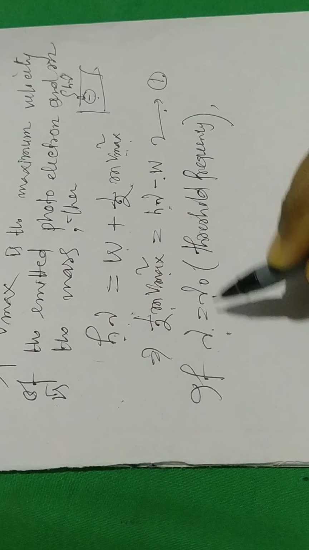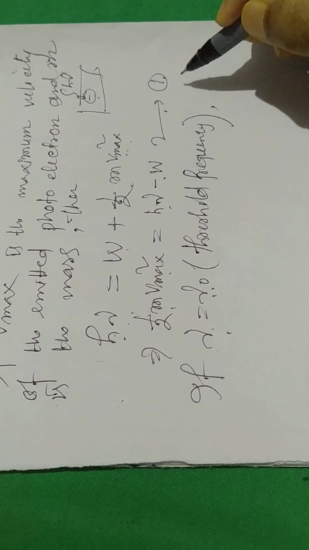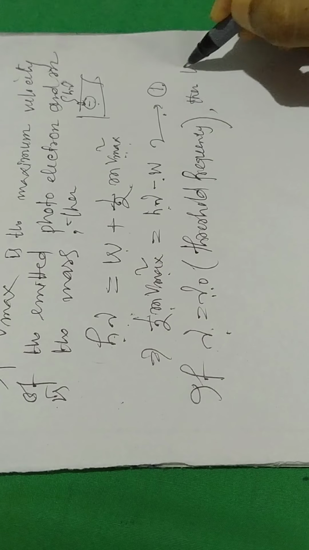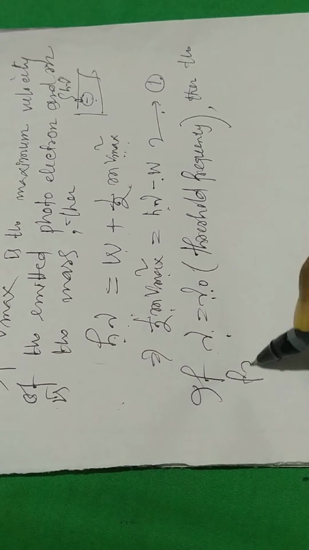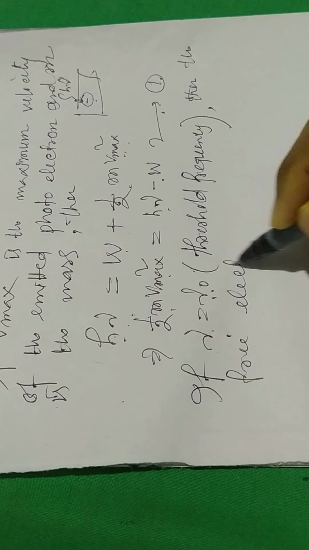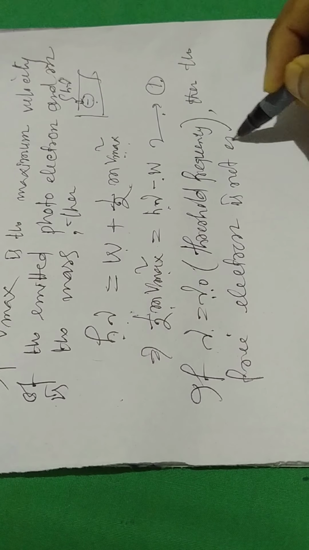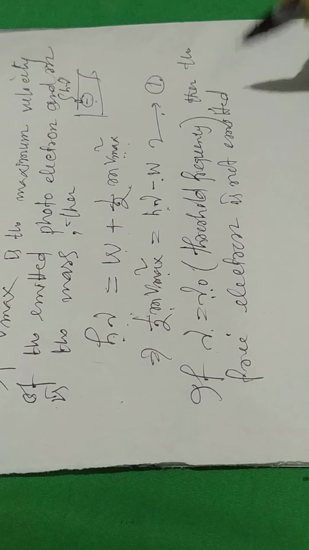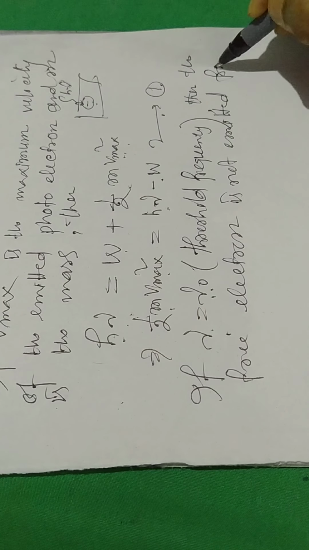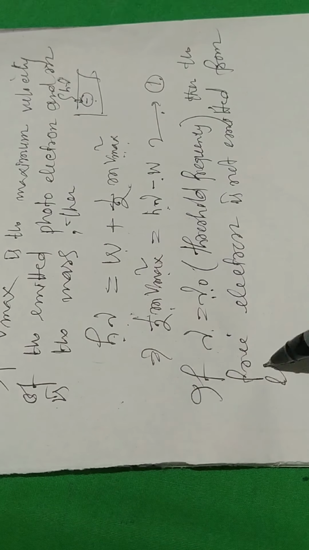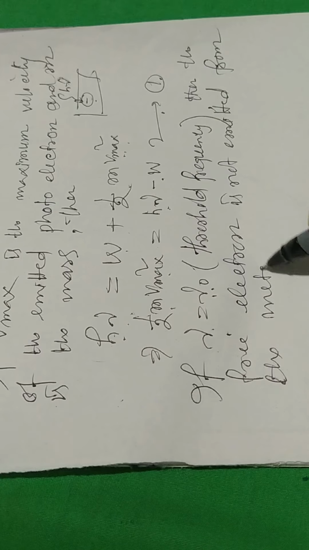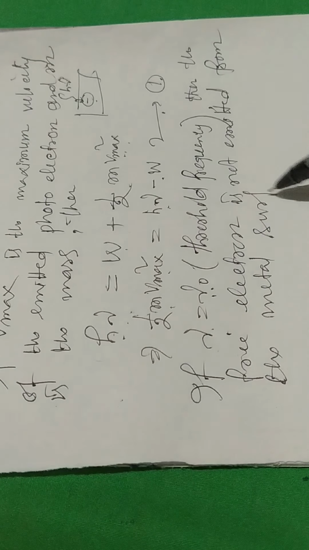If nu equal to nu naught, then the free electron is not emitted from the metal surface.